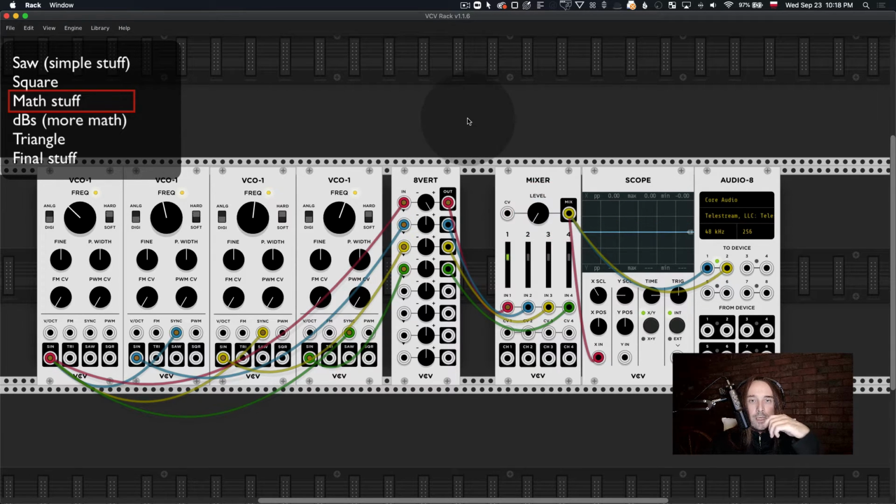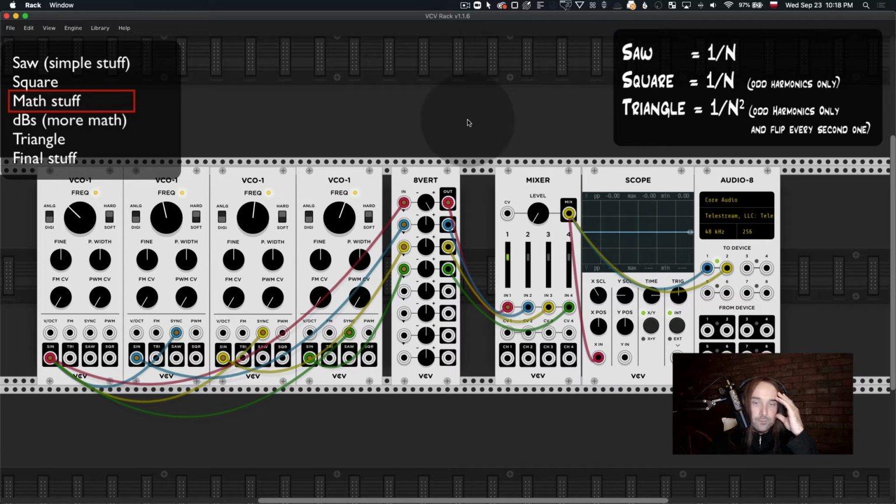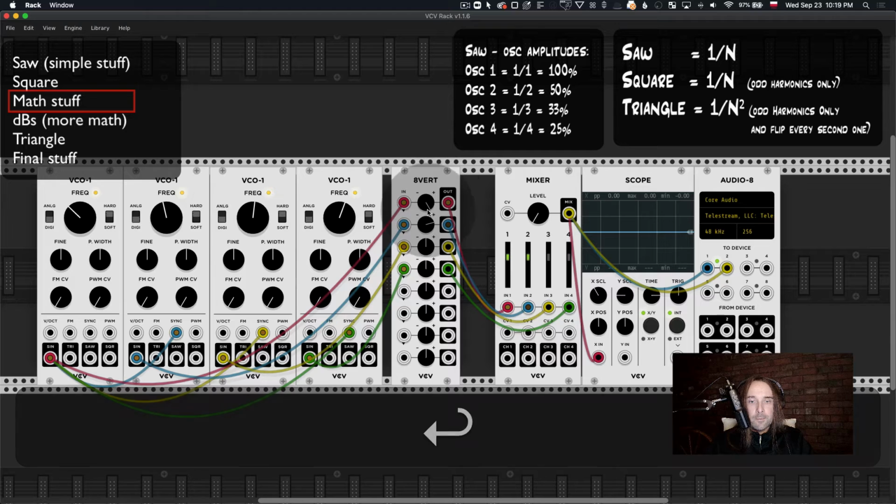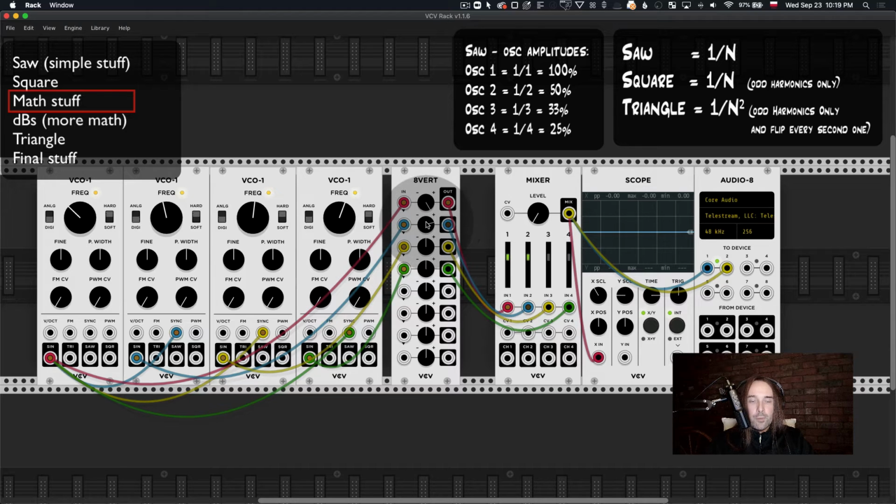And the formula is very simple. If this is our first harmonic, this is our harmonic number 2. In order to get the ratio of this fader, you just divide 1 by the number of this partial, which is 2. So 1 divided by 2 is 0.5, so 50%. If we set this to 50%, we get the proper ratio.